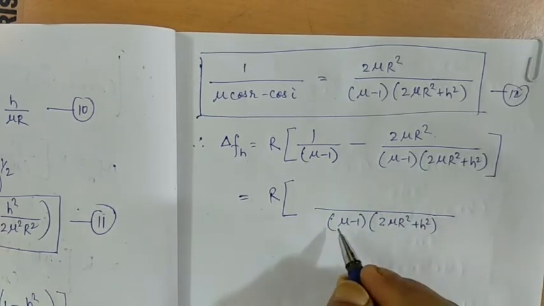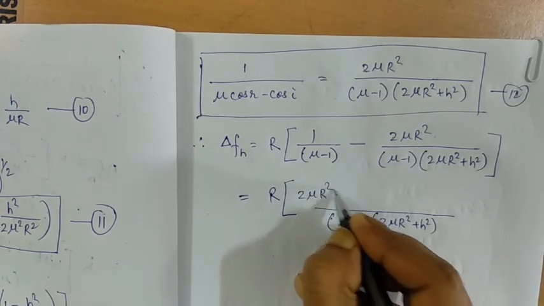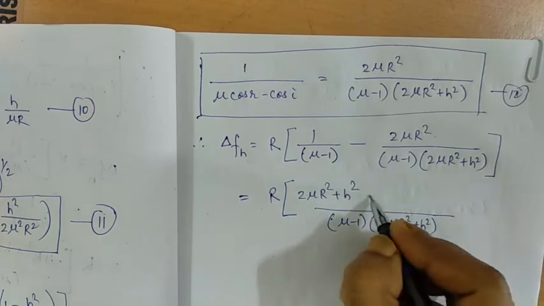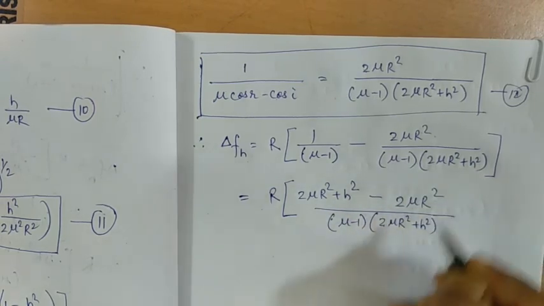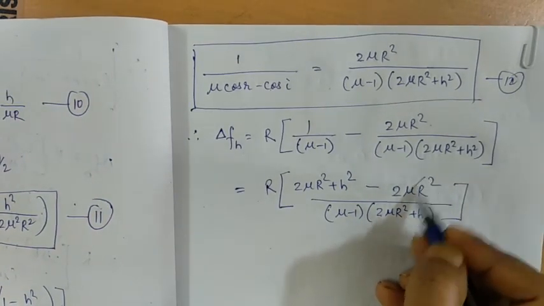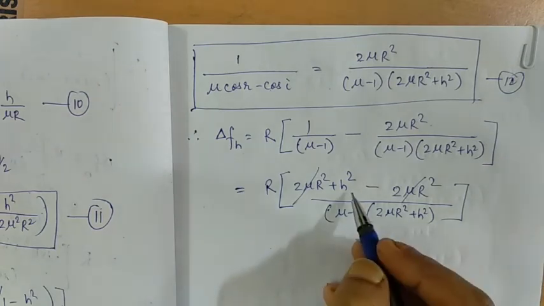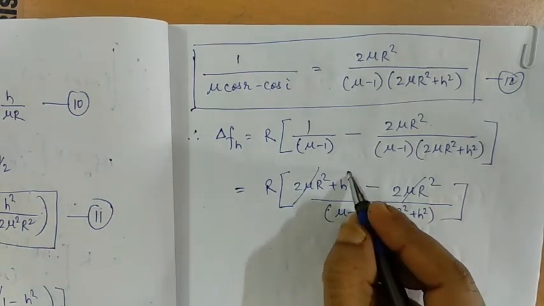So when you're taking this LCM here, the first term you will get 2 mu r square plus h square, and the second term you will get 2 mu r square. So here these two terms get cancelled out, and you get only h square in the numerator.